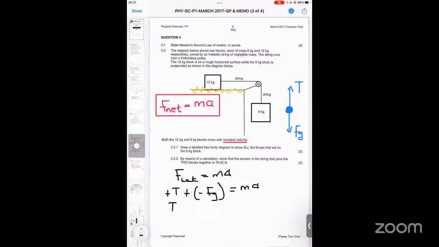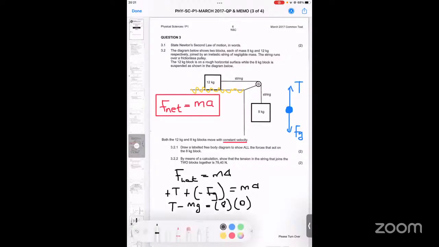So it's like we have tension minus our FG, which is g times the mass. We know that the mass is that of the 8 kg. The acceleration is 0 because velocity is constant.